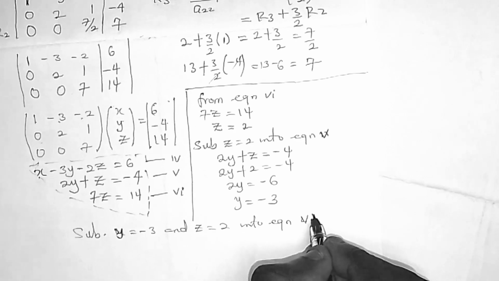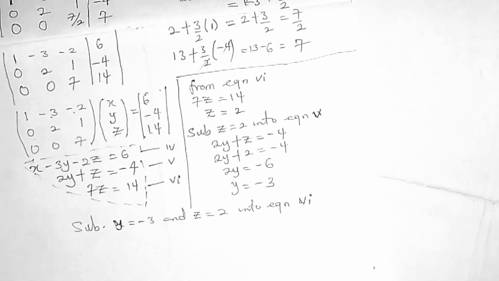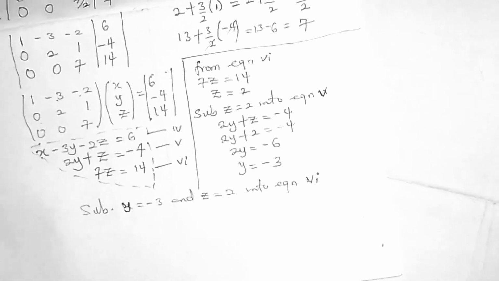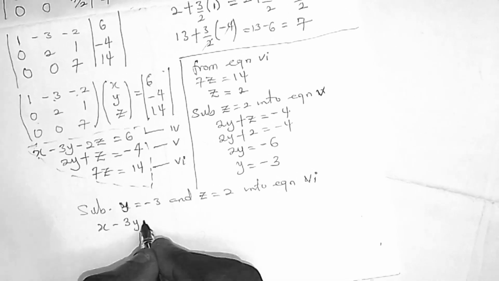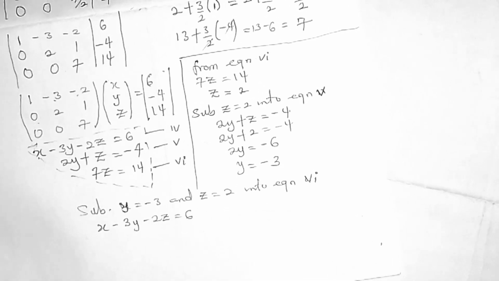Equation 4. Into equation 4. And what is your equation 4? Your equation 4 is what? X minus 3y minus 2z equal to what? 6.